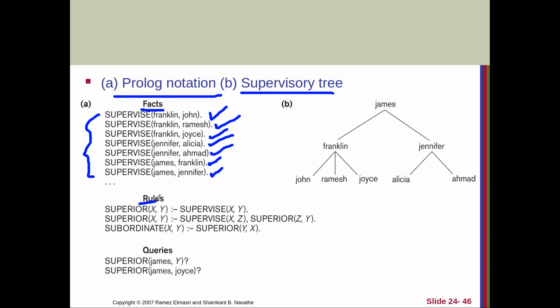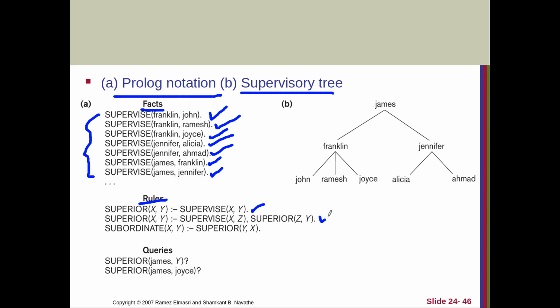Now some rules are also being created and stored. That is, superior x comma y if and only if supervise x comma y, as in the previous. The same statement is taken here also. x is superior of y if and only if x supervise y. That rule is written. Then another rule is also written: x is superior of y if and only if x supervise z and z is the superior of y.